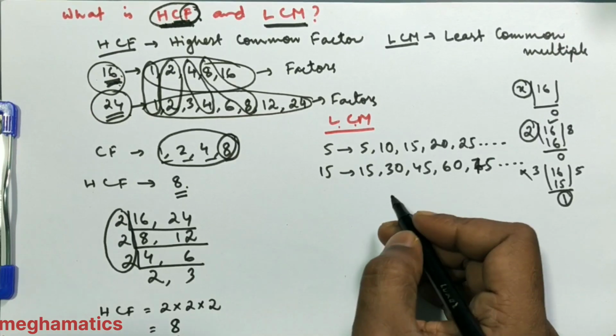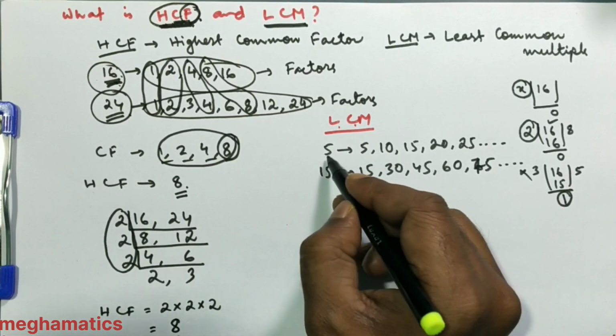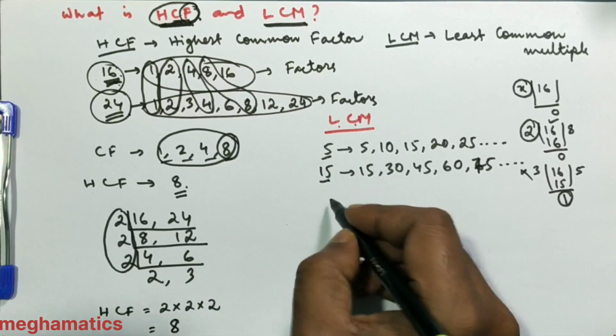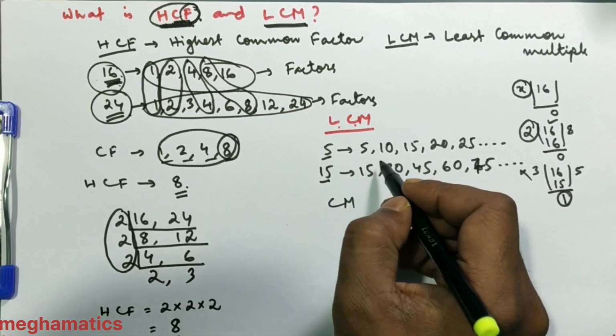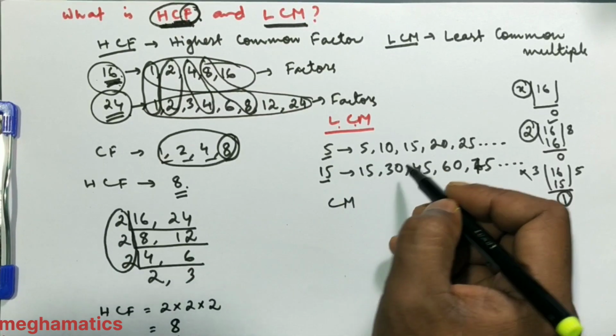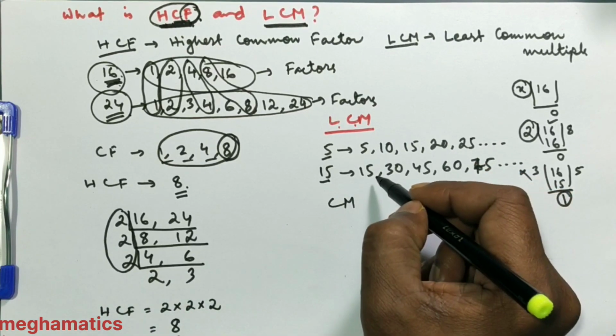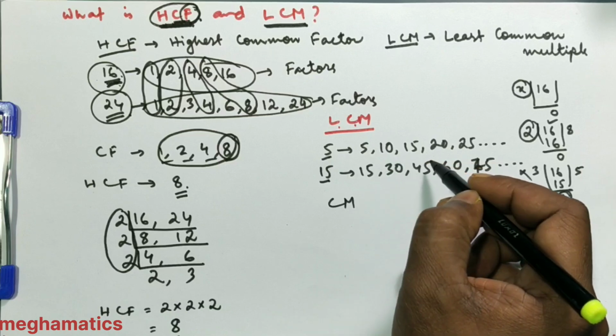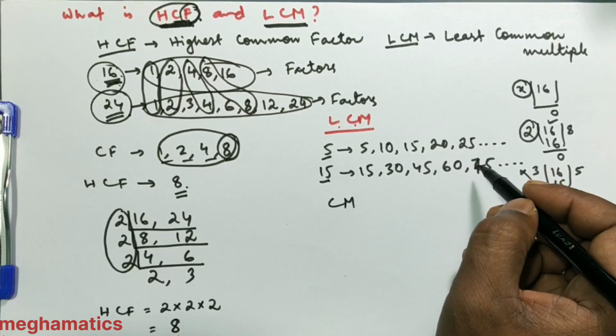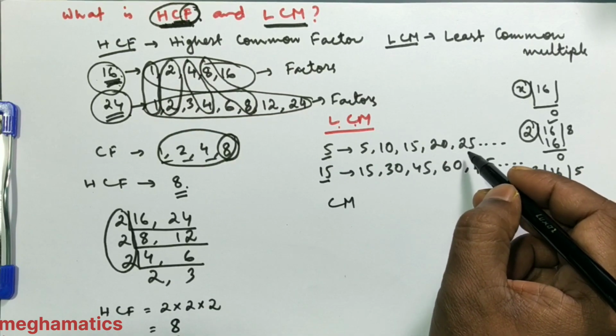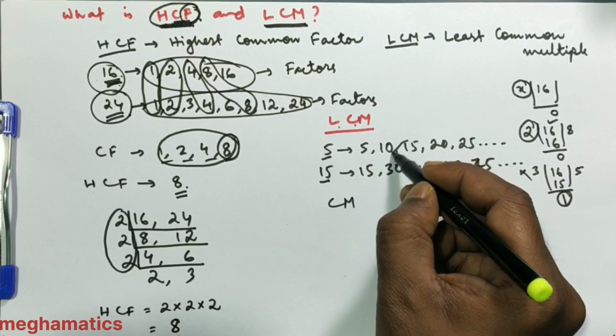If we look at the common multiples of 5 and 15, the first common multiple is 15.